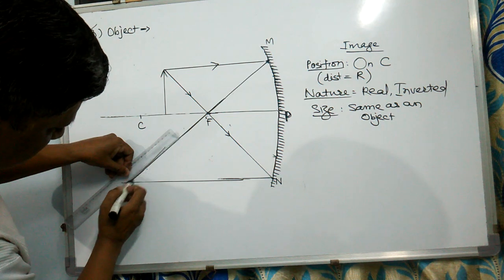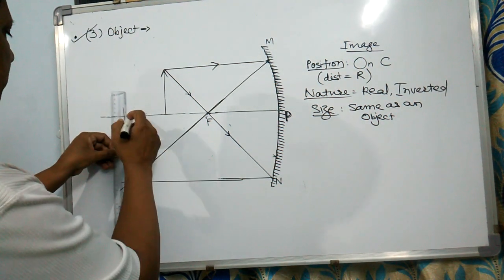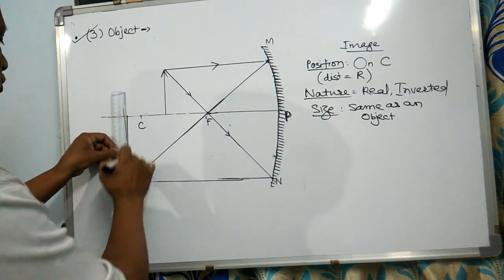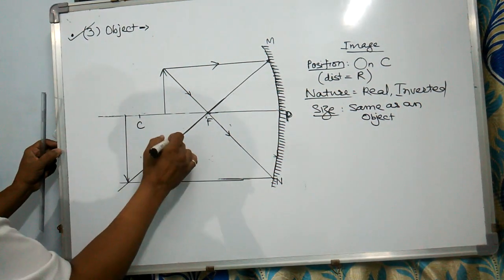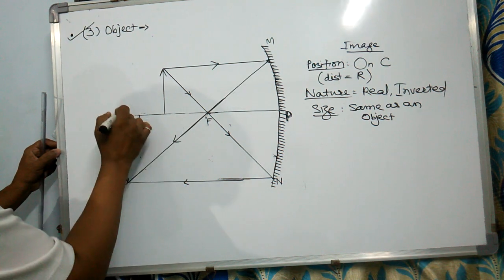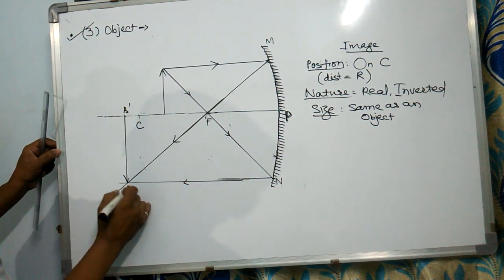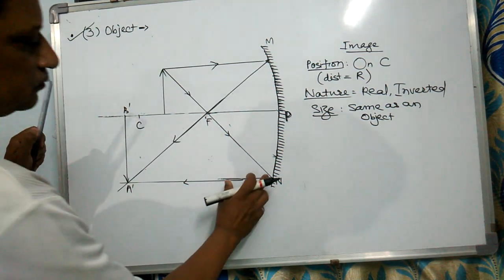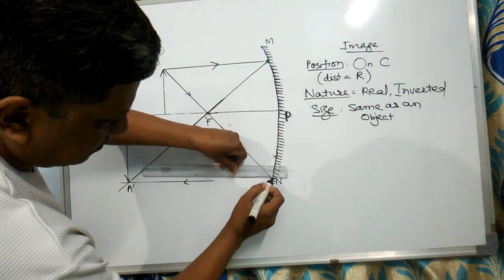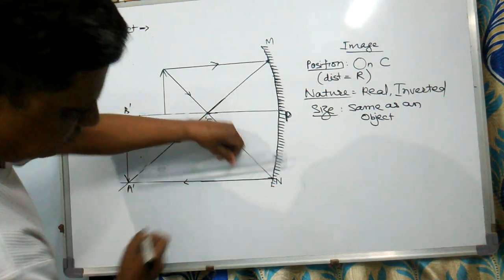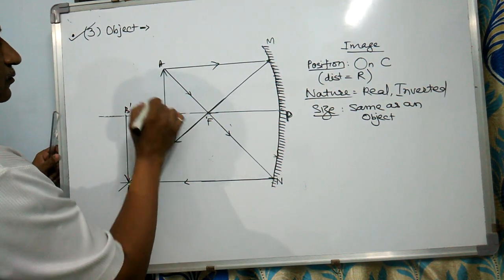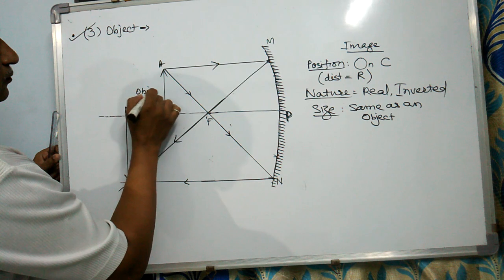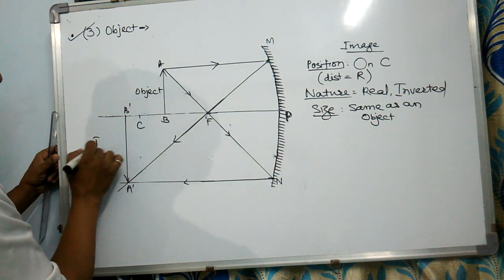And wherever the two reflected rays meet each other, the image is obtained. This is the object, this is the image.